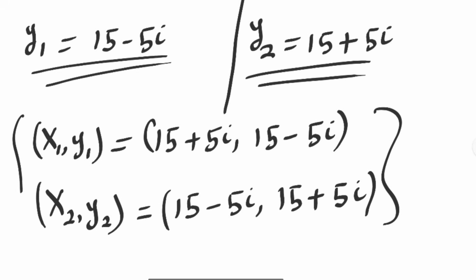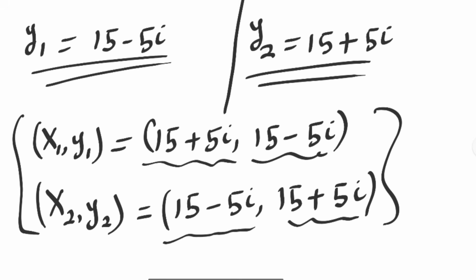These are the values of x and y. You can see that the value of x1 here is equal to the value of y2 here, and the value of y1 here is equal to the value of x2 here.